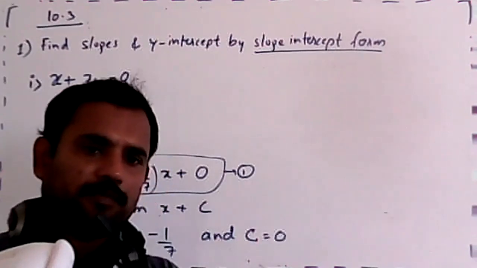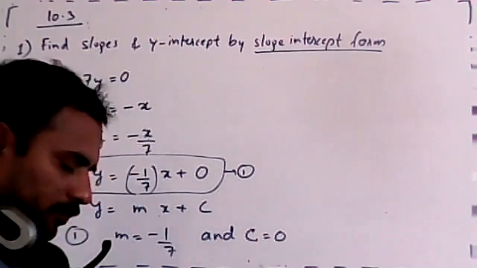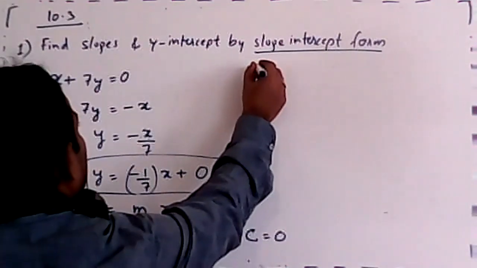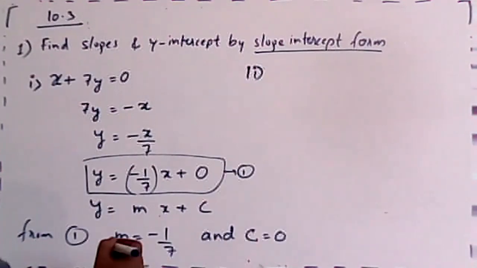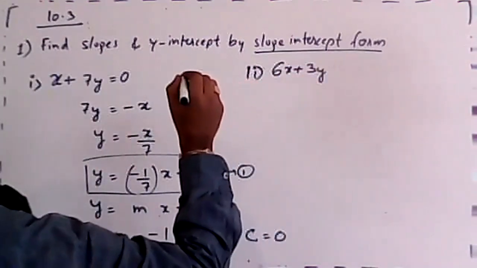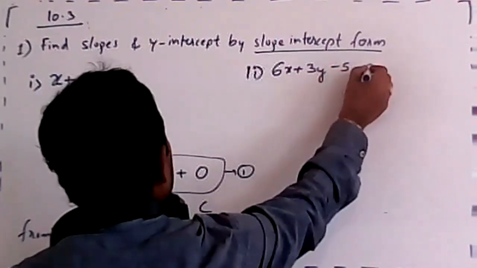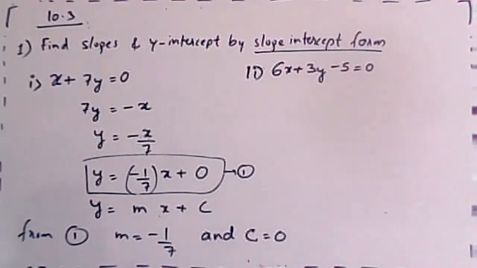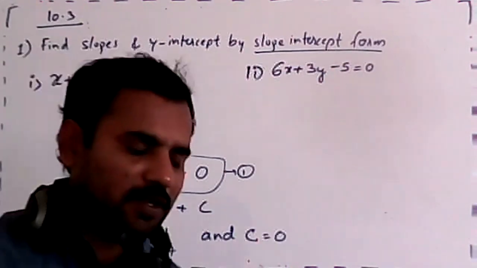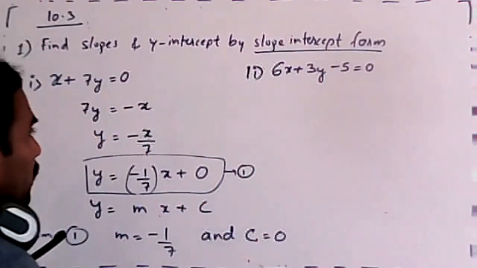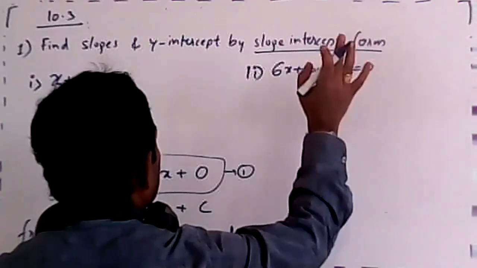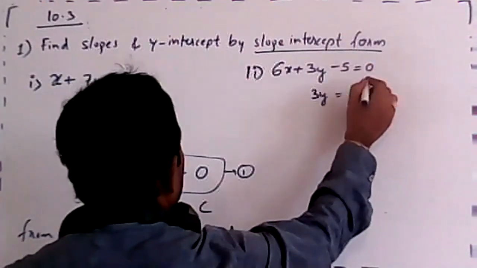We'll take the next one now. Second problem: 6x plus 3y minus 5 is equal to 0. See what is possible to make. Try yourself. Convert the given equation into y is equal to. I'll take only 3y here; minus 5 goes to the other side, and 6x also goes as minus 6x plus 5.